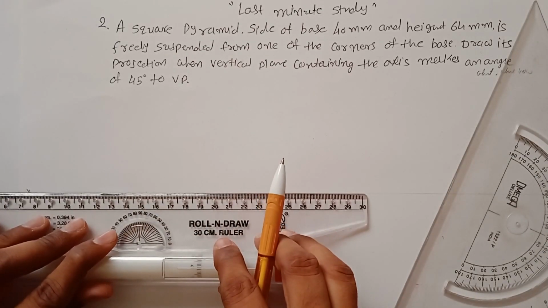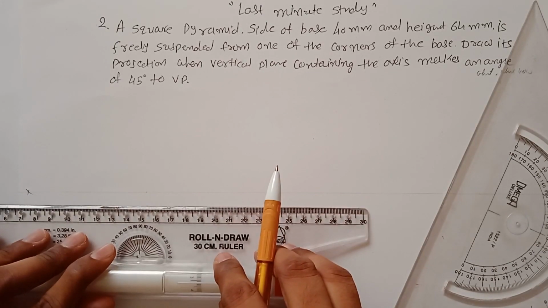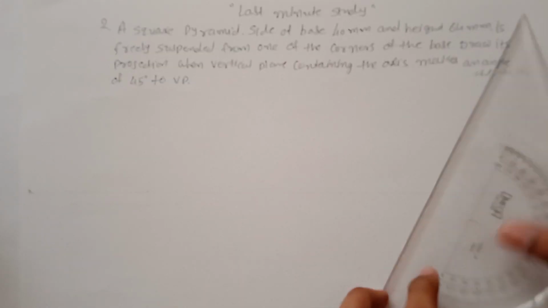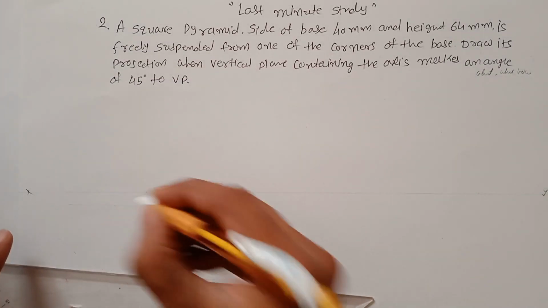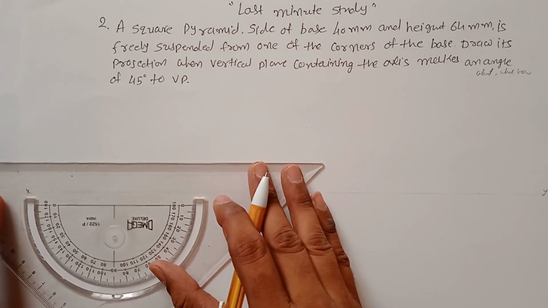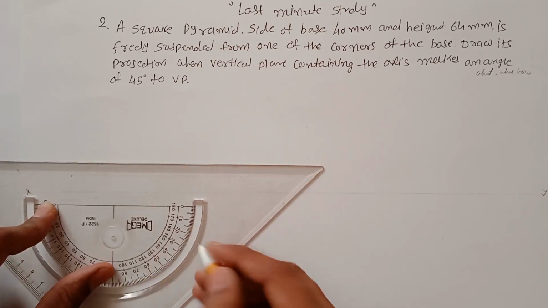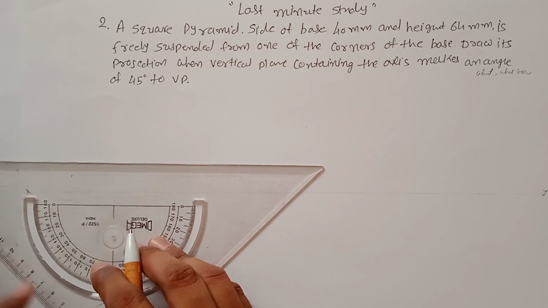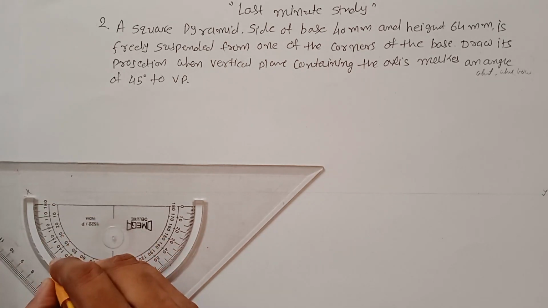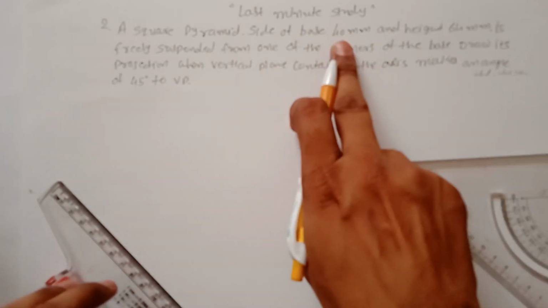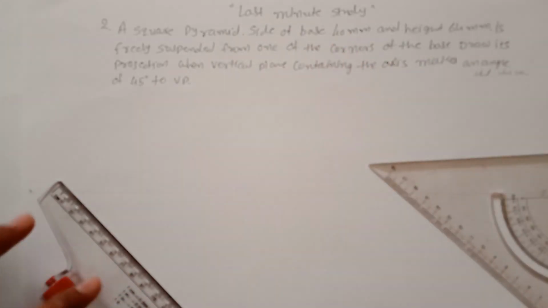To draw the corner, the lines are at 45 degrees with each other, so measure an angle of 45 degrees on both sides to construct a square. And the base side of the square is 40 mm.